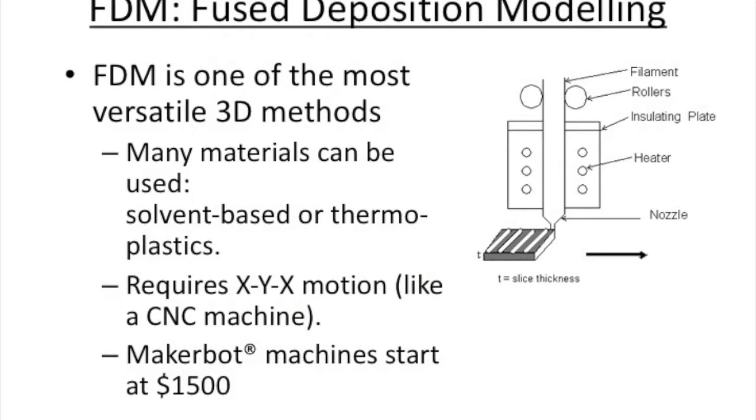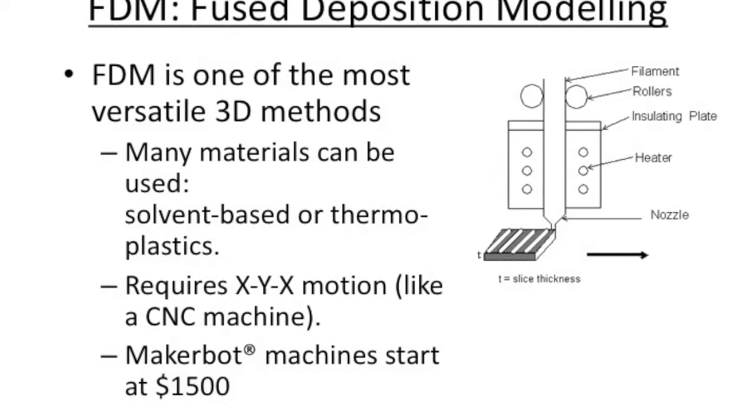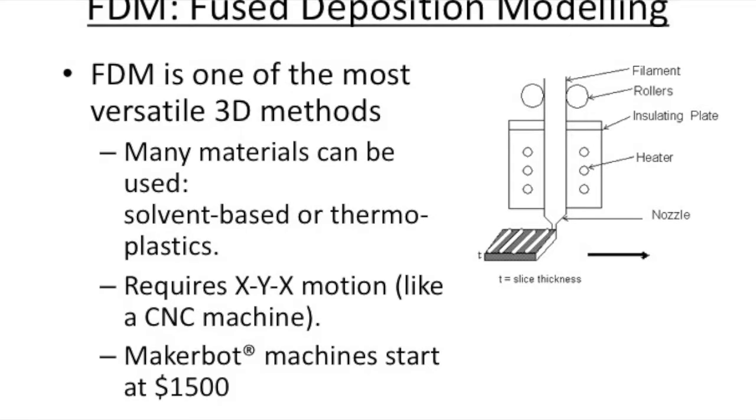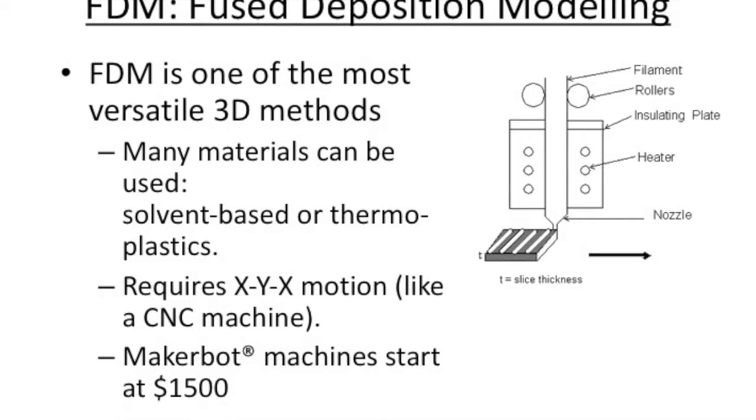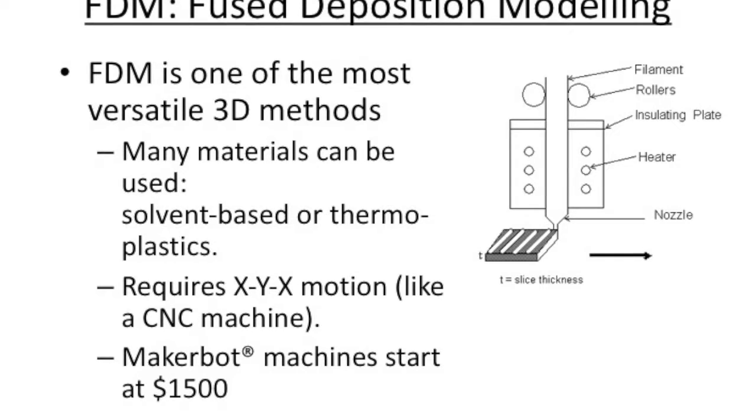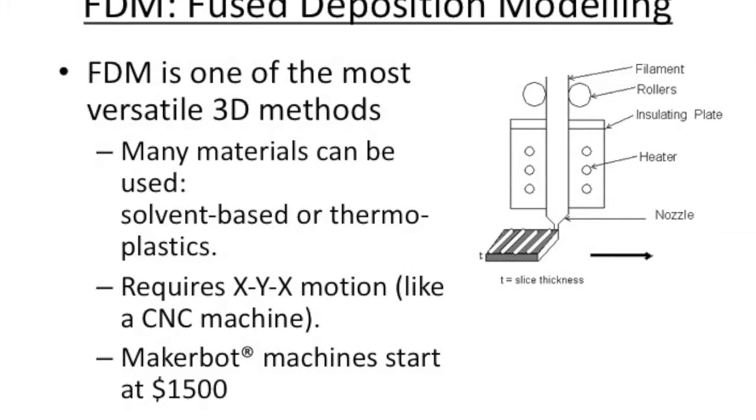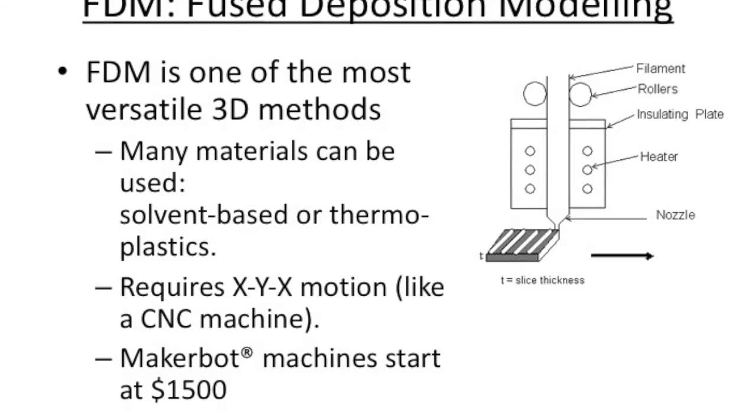The next type of 3D printing technology that we will discuss is fused deposition modeling, or FDM. FDM is one of the most versatile 3D methods that can be used with many types of materials. We can use materials that essentially dissolve in water or plastics that melt at high temperatures.